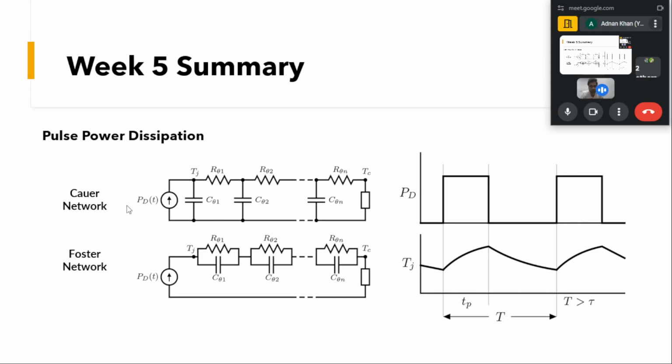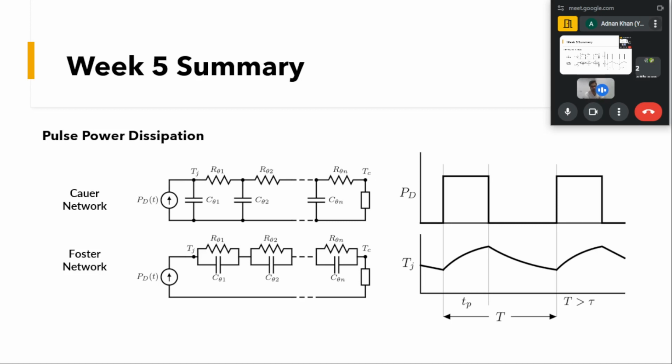One is this network, called the Foster network, the top one, where if we know the power dissipated, then we have different values of thermal resistance and thermal capacitance, which will be provided by the manufacturer, and it forms a sort of ladder network. And if we know the values of these resistances and capacitances, then we should be able to know the junction temperature and the case temperature in that case.